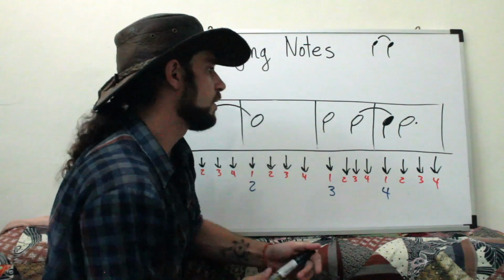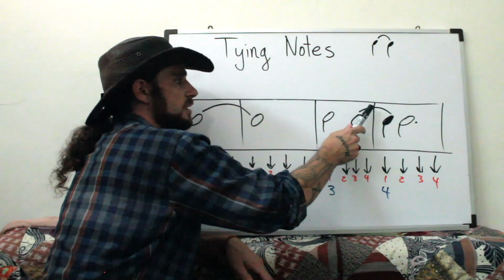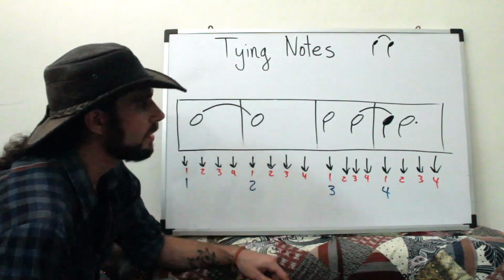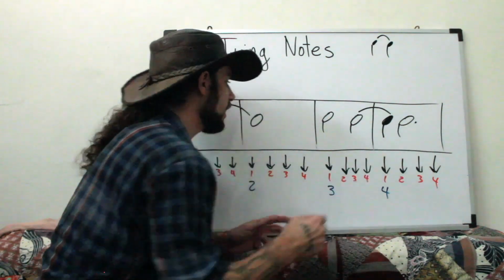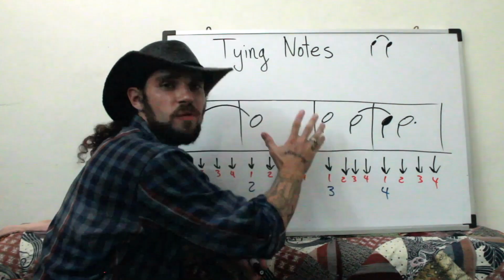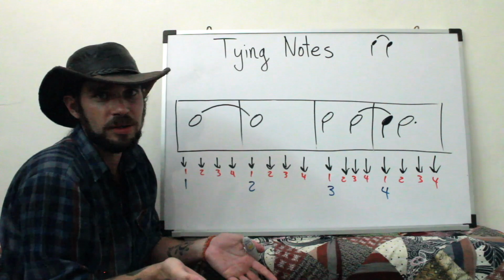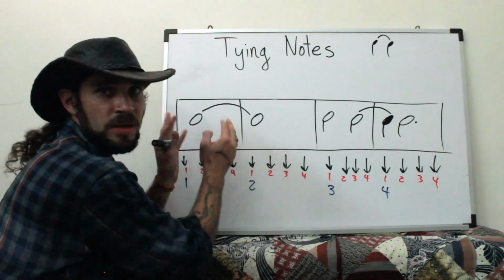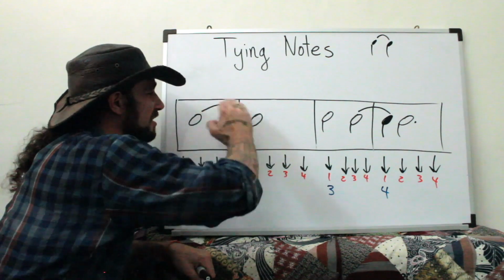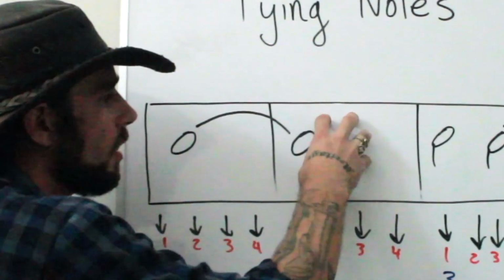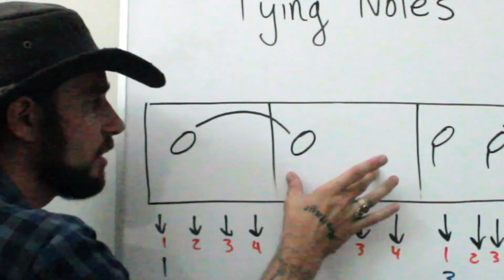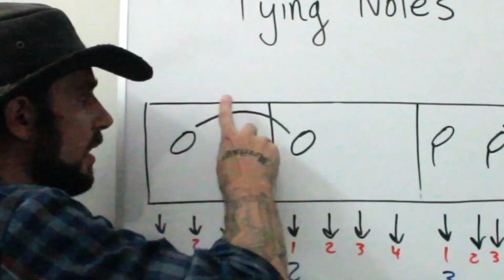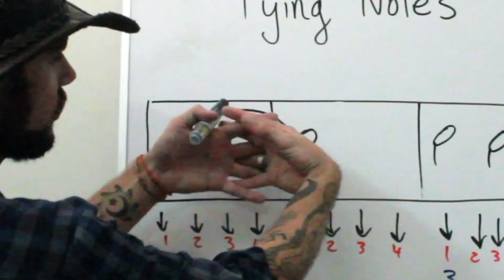What really makes the tie different from the dot is that the dot can't help you cross over into a new measure. The dot is all contained within the measure. But if we want to tie things together, information from the next measure, this tie allows us to merge the information.